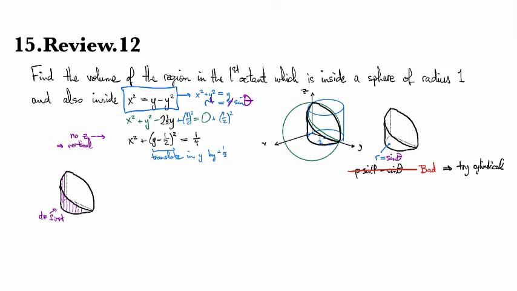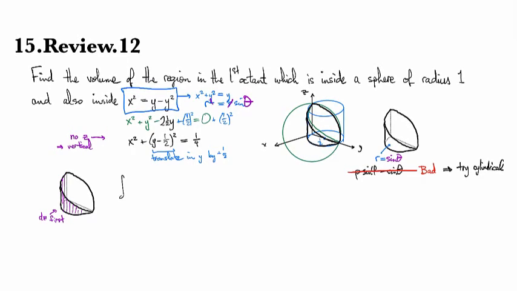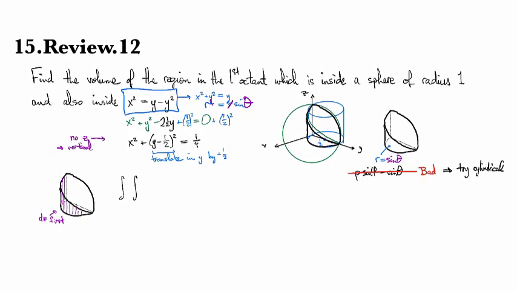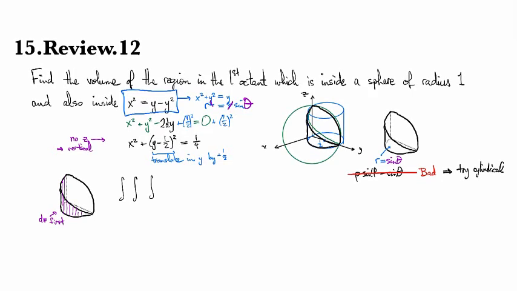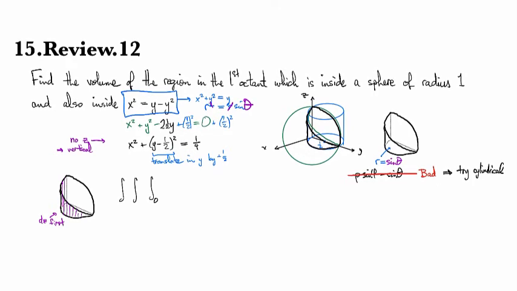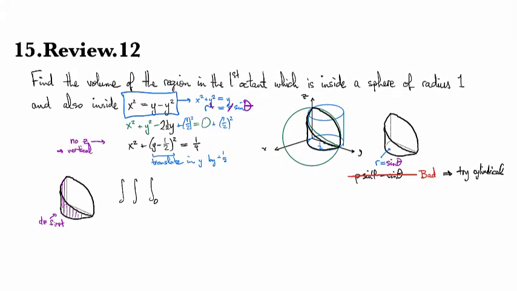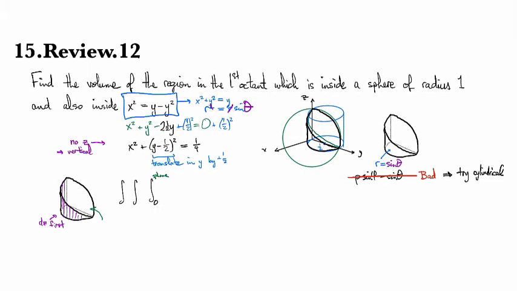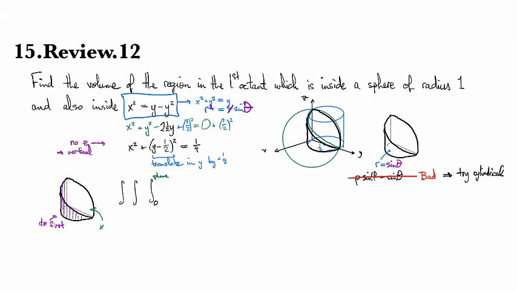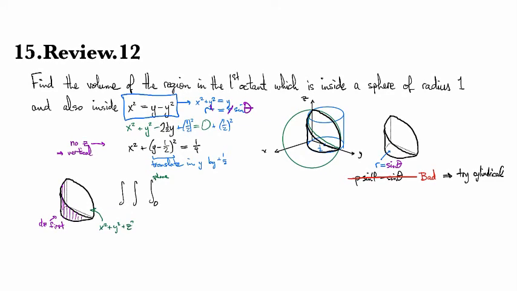So I'm going to go theta, and I have to figure out what theta is this time. It's not totally clear. And then I'm going to have to figure out my dr, and that's also going to take some work. And then my dz is more or less clear. It's going to go from z equals 0 up to z equals sphere. So z equals sphere, let's see, this is sphere of radius 1, so x squared plus y squared plus z squared equals 1.